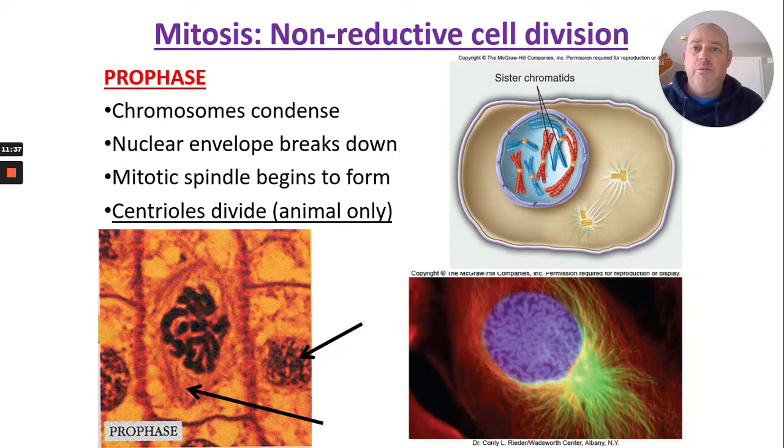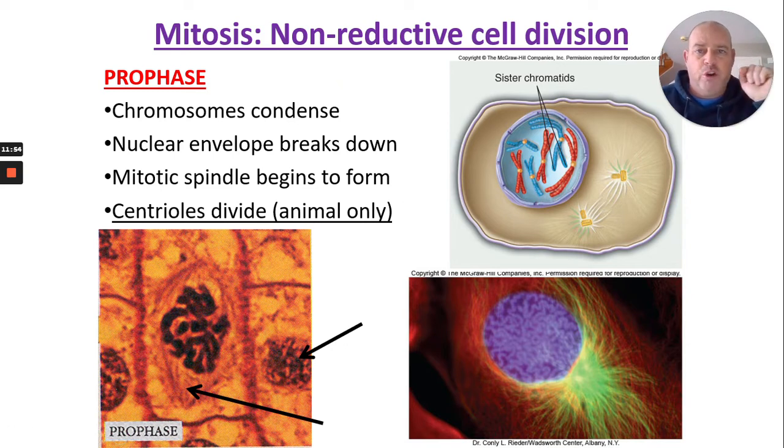So in prophase, now we're talking about the first phase of mitosis, right? Interphase is G1, S, and G2. Prophase is the first phase of mitosis, okay? So in this case, chromosomes condense. That's the big thing that goes on.